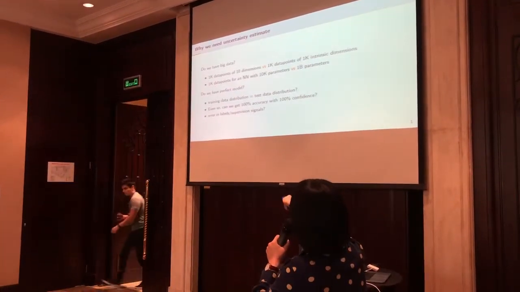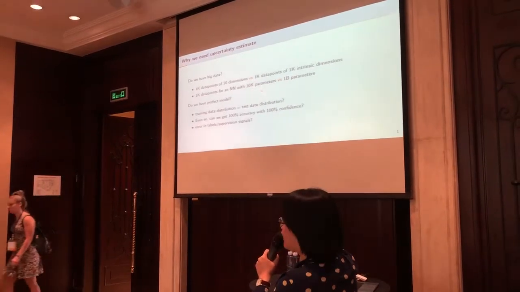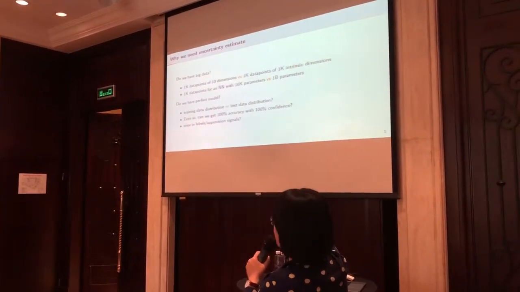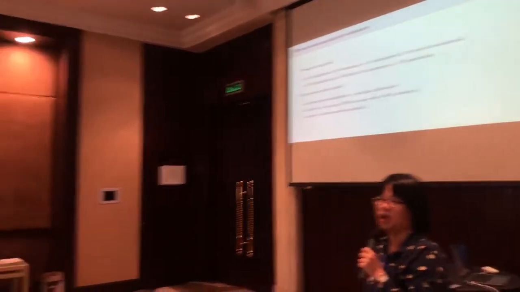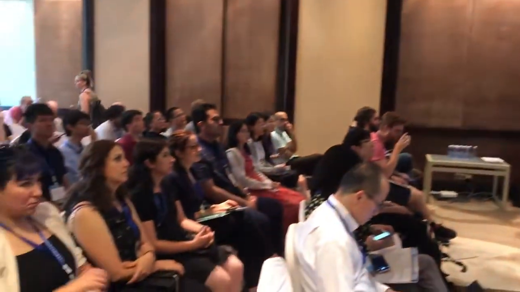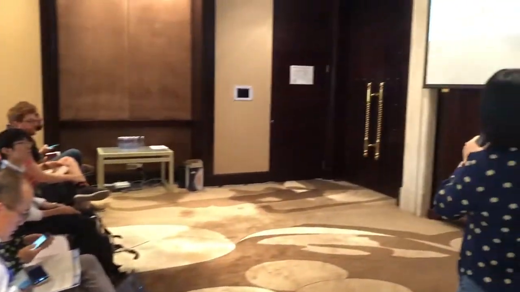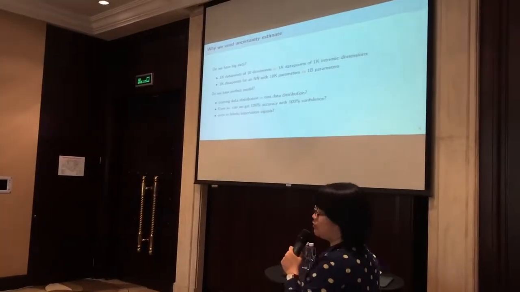So 1,000 data points for a small neural network and 1,000 data points for a big neural network is definitely different. Although at the end of the day, when you have a super wide neural network, you see some other less intuitive things in this big data setting. Okay, so that's the first argument.